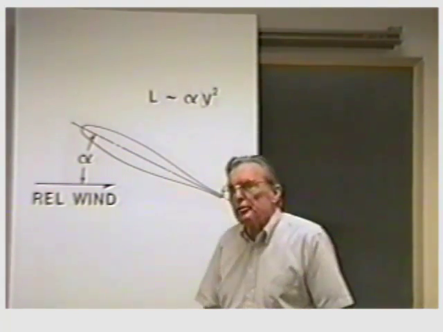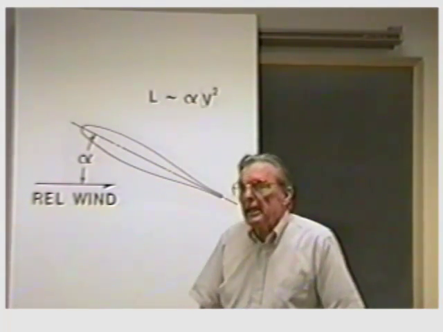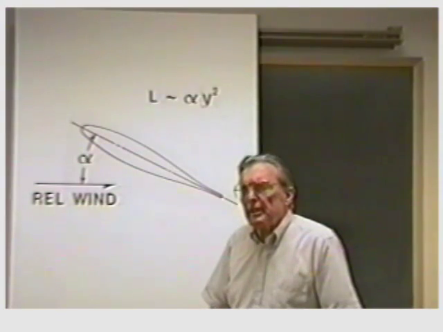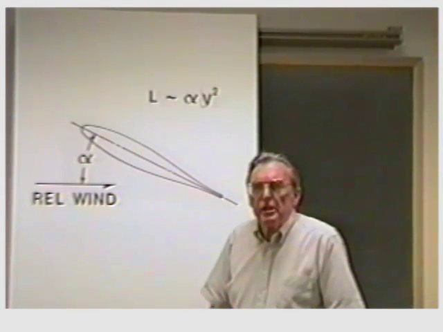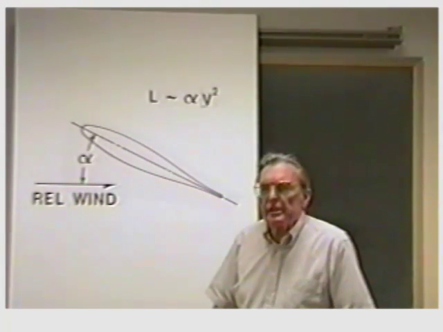As the airplane goes slower and slower, the angle of attack goes higher and higher, and finally that angle of attack will reach the critical stalling angle of attack for that airfoil under those conditions.